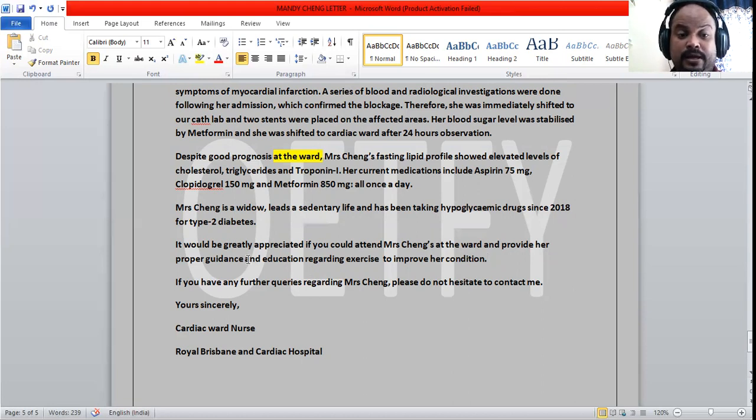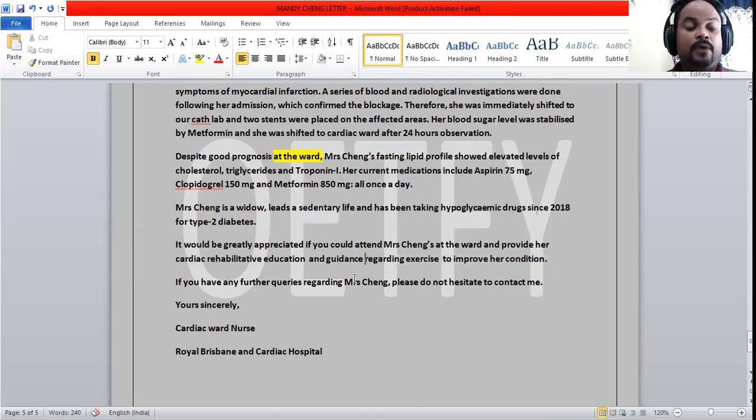Proper guidance and, proper, I can say proper cardiac rehabilitative education, cardiac rehabilitative education and guidance regarding exercise.